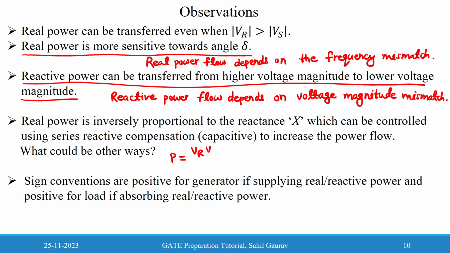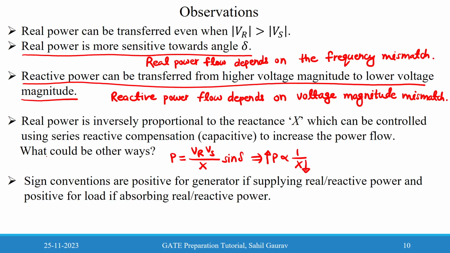I'm not writing line to line voltage, just take it as VR into VS divided by X sine delta. So real power is inversely proportional to the reactance. In order to increase the power flow through the transmission line, you have to reduce the reactance. For reducing the reactance, you can use series reactive power compensation.